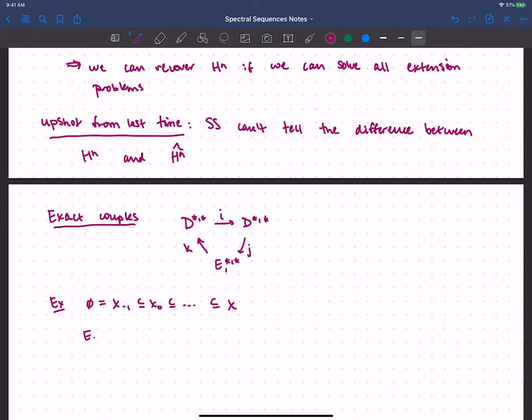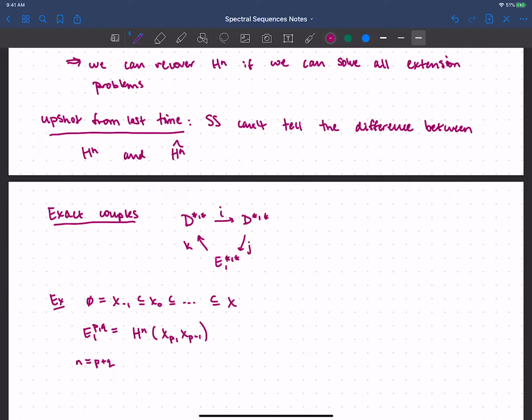And then we set as our E1^{p,q} the cohomology of the filtration quotients, really the relative cohomology. And, well, okay, maybe let me not write p plus q. Let me just write H^n, but of course I mean n is p plus q. I'm just trying to save myself some writing and also be able to kind of squint at this a little bit easier.